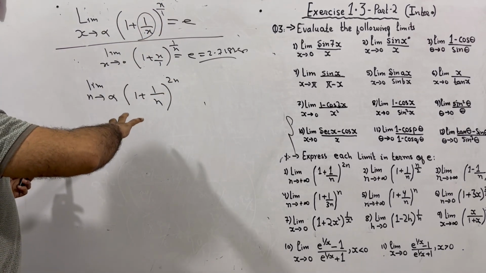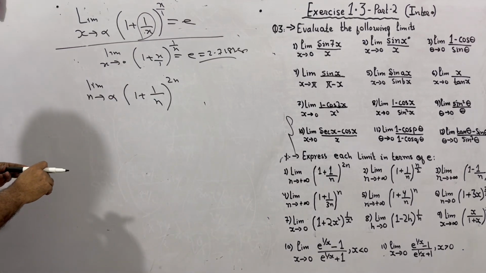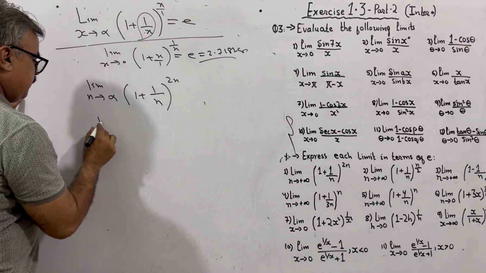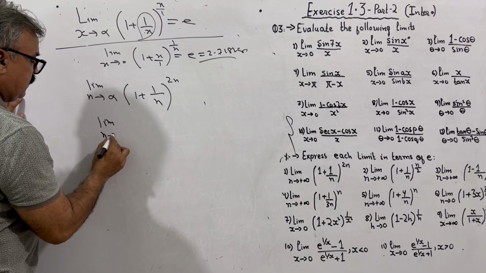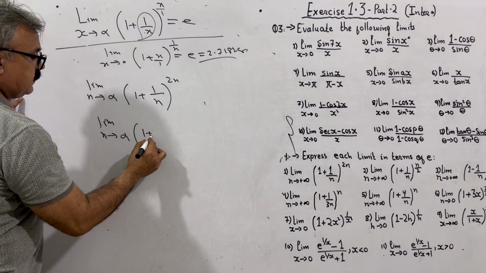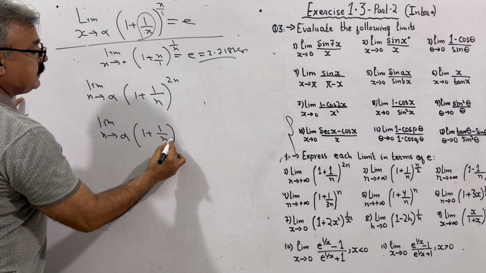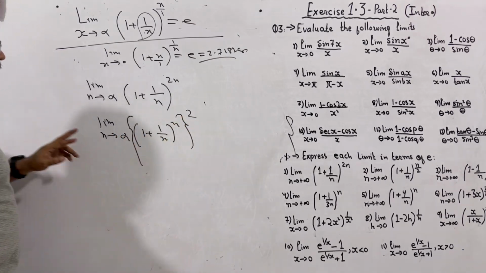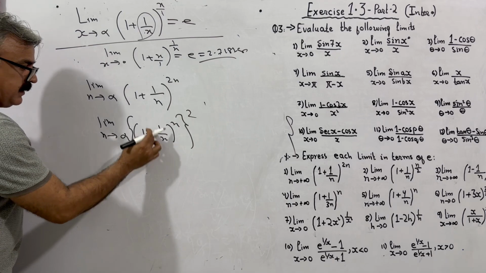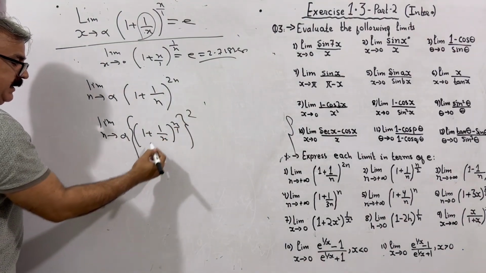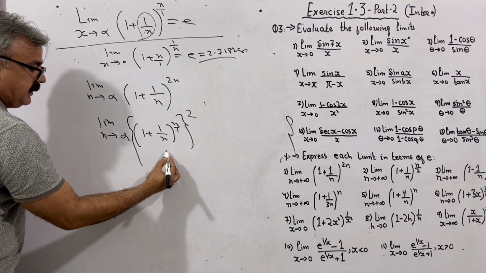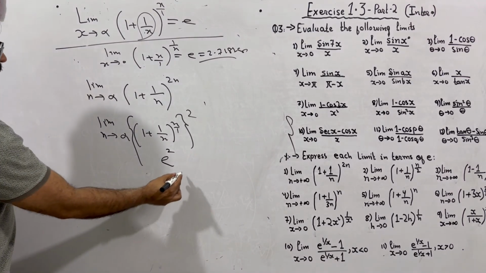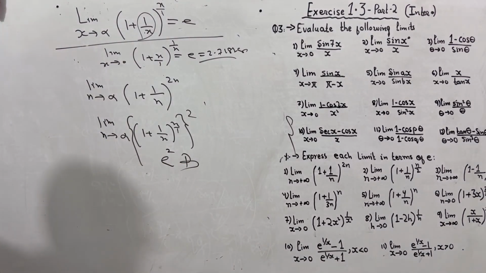There is a 2 in surplus, the 2 is extra. Manage the 2; it can be managed very easily. Limit n tends to infinity, 1 plus 1 upon n raised to n, and the 2 can be written as a power having another power. 1 over n, there is n over 1, it's equal to e raised to 2. e square is our answer in that case.